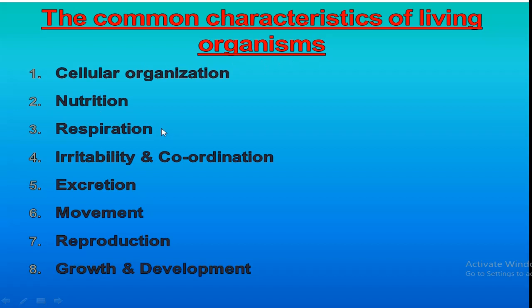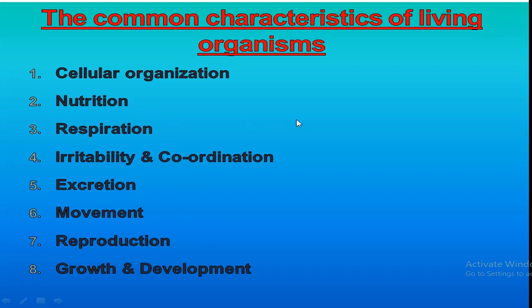These common characteristics of the living organism are most important to differentiate the living organism from non-living things, right? Among the characteristics of the organism, you already have learned about 5 characteristics in grade 6. In grade 10 also you have to learn about those characteristics.